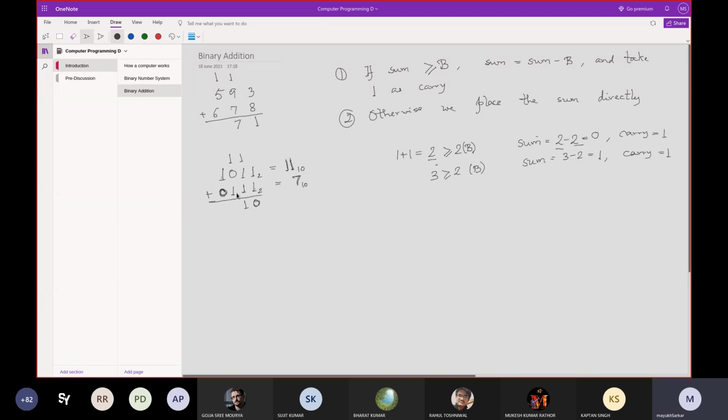And again 1 plus 1, 2. The same thing will happen here. 0 will become the sum and 1 will become the carry. And again 1 plus 1, 0 will come here and 1 will become the carry. And that 1 will be placed here. Is this addition clear to all of you?